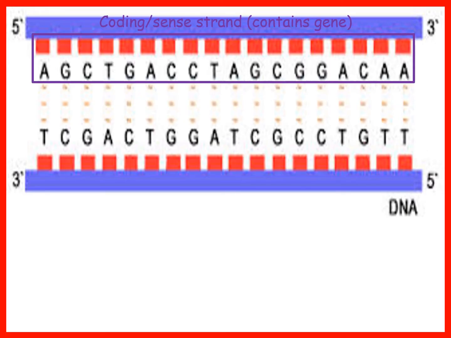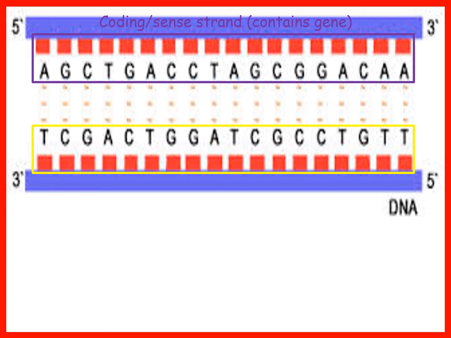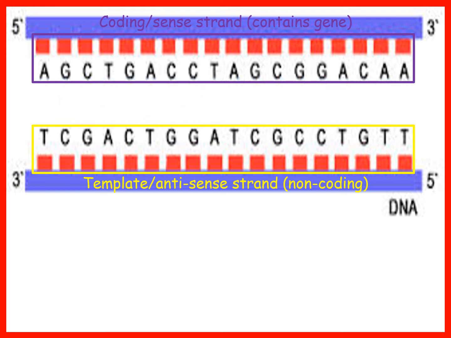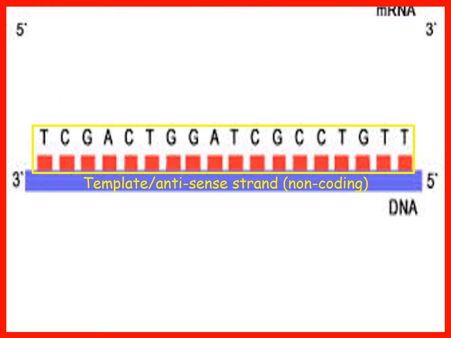So here's another example. You've got your DNA strand. It contains the gene, which is the coding or sense strand. The opposite strand is the template or antisense strand, which is non-coding. The first thing you do is break the hydrogen bonds between the 2 strands, and then you add RNA nucleotides using complementary base pairing.